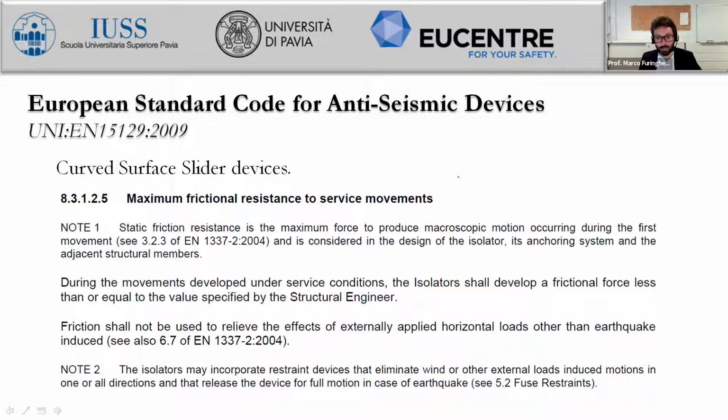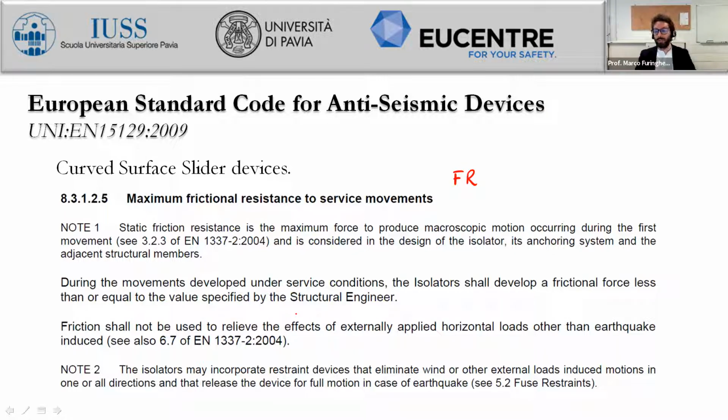The aim of this test is to measure the static friction when the motion is very slow. Because generally we don't have just a single value of friction coefficient, but we can have an increase at the very beginning, just because the bearing is stopped at zero displacement, and it starts immediately to move.